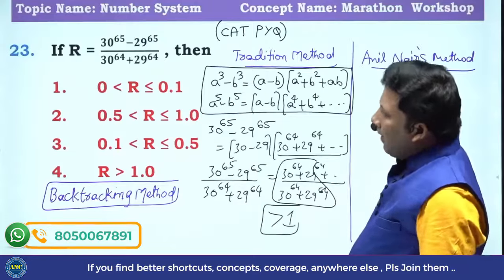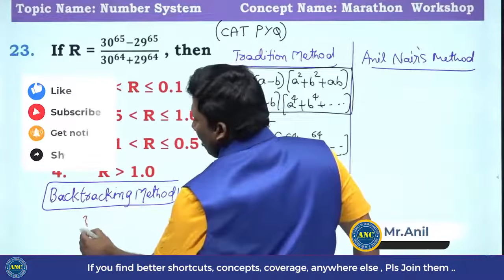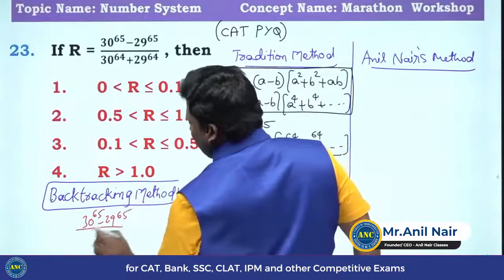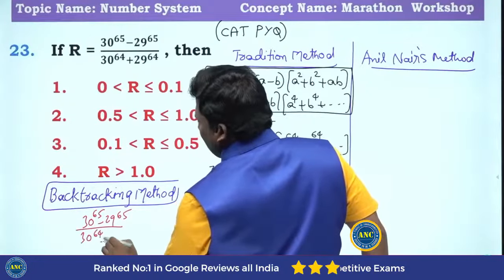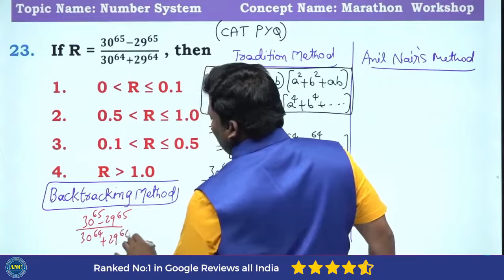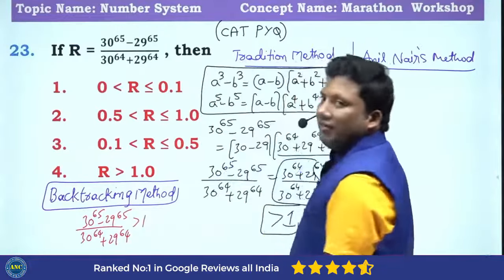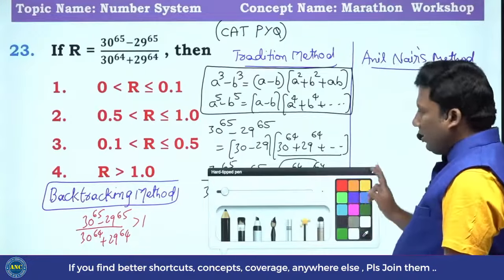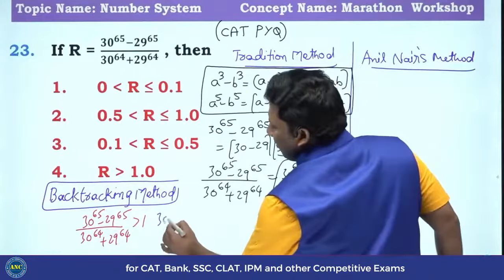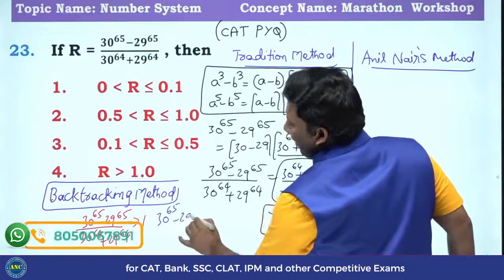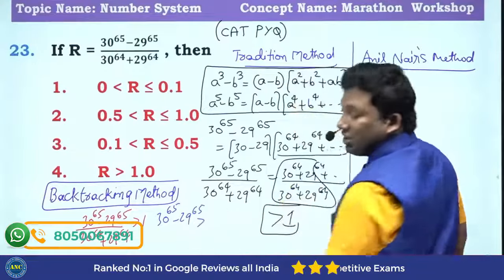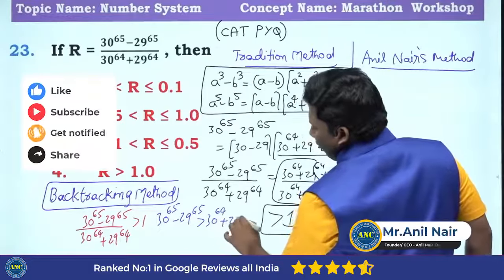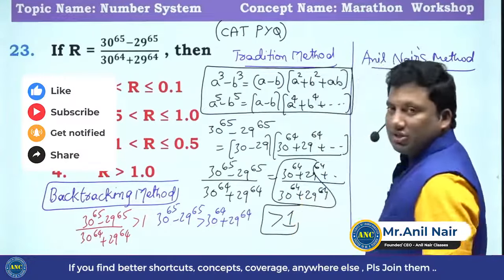Now let me do the backtracking method. 30 power 65 minus 29 power 65 divided by 30 power 64 plus 29 power 64. If I assume that the fourth option is right, that it is greater than 1, cross multiply, this becomes 30 power 65 minus 29 power 65 greater than 30 power 64 plus 29 power 64.